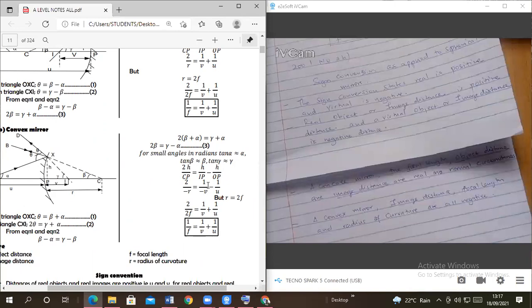So when you're calculating and they have given you that the image distance was found to be 20 centimeters behind the pole of a convex mirror, then you put a negative on the 20, and you have V equal to negative 20 centimeters. So you substitute negative 20 in your calculations. Are we together?